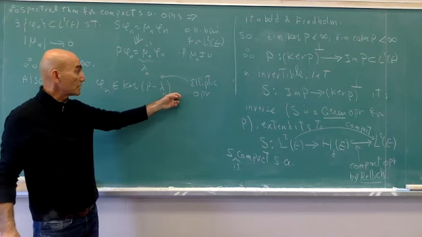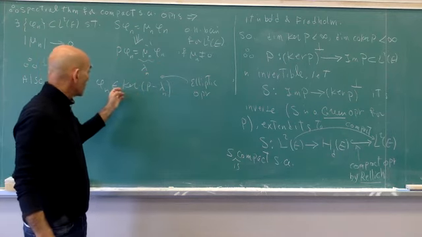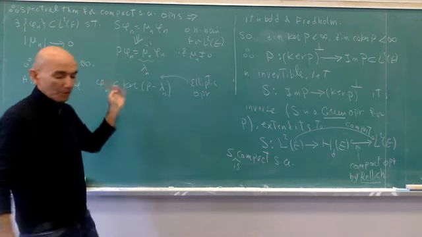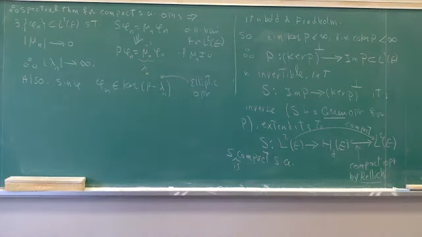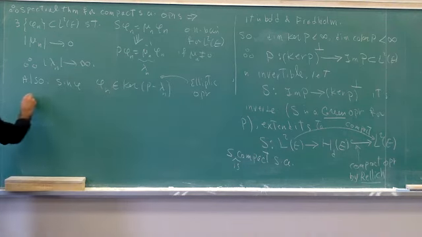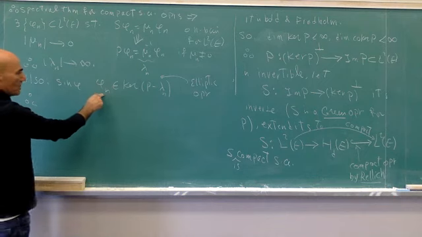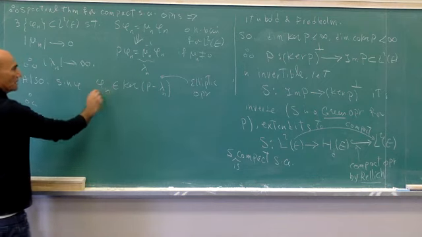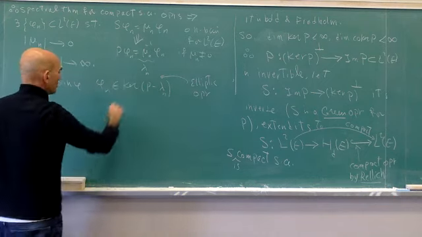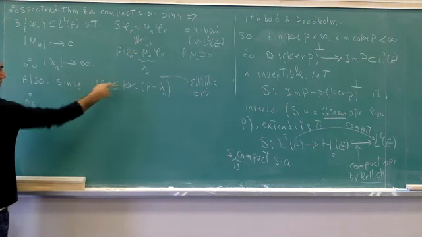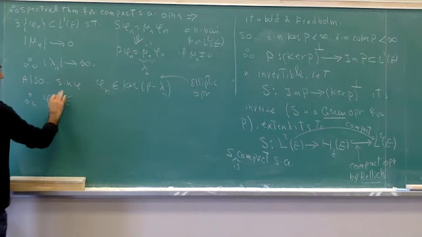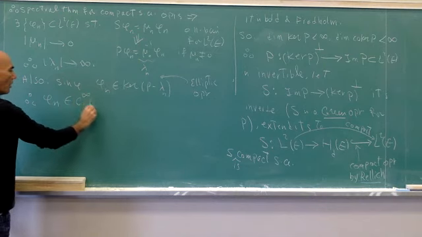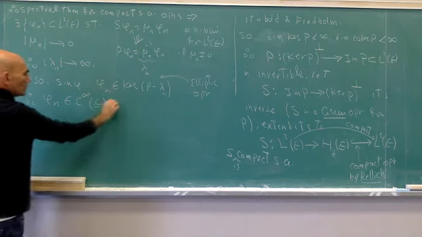So by finiteness and regularity, this consists of smooth functions. Of course we know that this is a finite dimensional subspace even without using this compactness argument, but now we want to use smoothness. So phi n's belong to C infinity, or smooth.